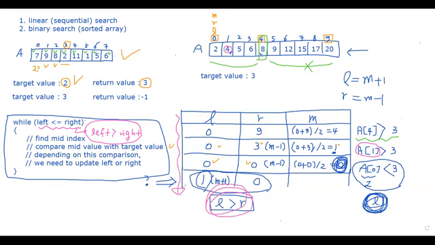Then in this table, you can see that there are three comparisons, and then we conclude that there is no target value. Okay, guys, then think about this one. Any question before I talk more about this? Okay, so you should understand the algorithm.